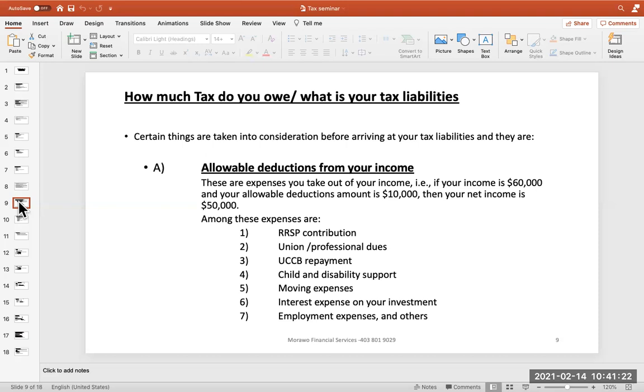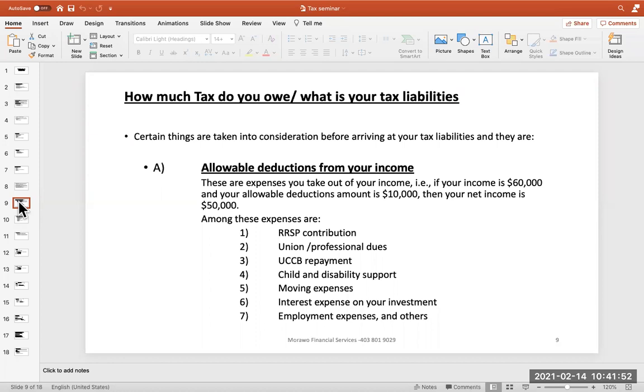And so these allowable deductions, you take them away directly from your income. So I call them expenses you take out of your income. For example, if your income is 60,000 and your allowable deduction amount is 10,000, then your net income is 50,000. 60,000 minus 10,000 give you 50,000 as your net income.